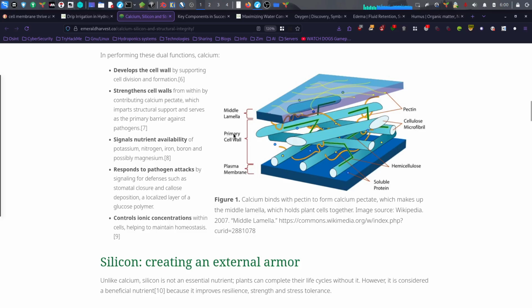The primary cell wall: cellulose microfibril, pectin, hemicellulose, soluble protein, plasma membrane.